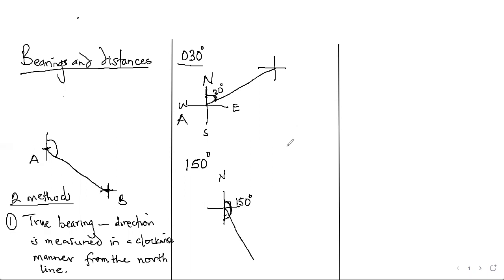Let's say I want to locate 270 degrees. That should be here, because this is 90, 180, and 270. So 270 is straight here, this line.